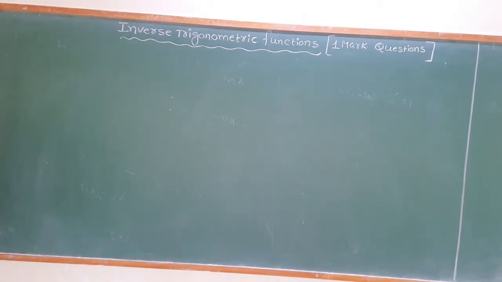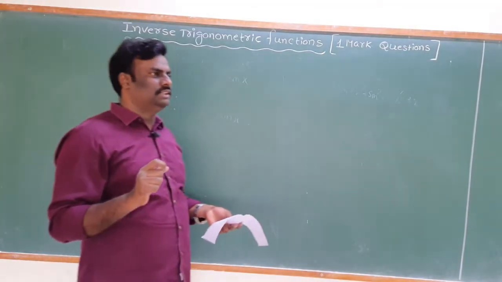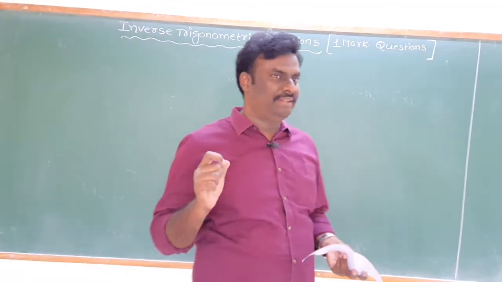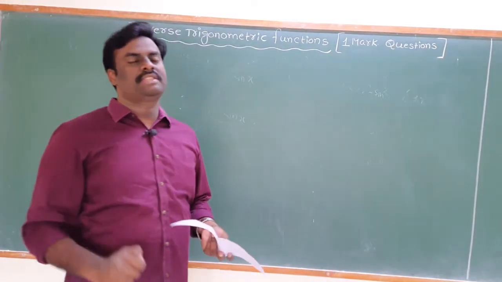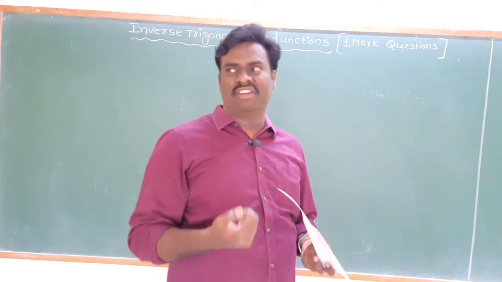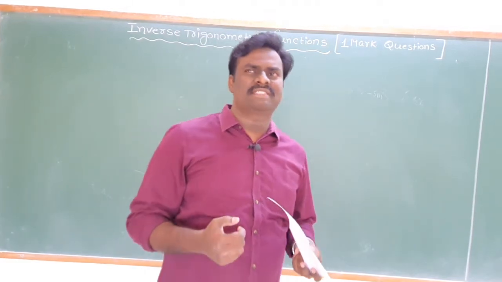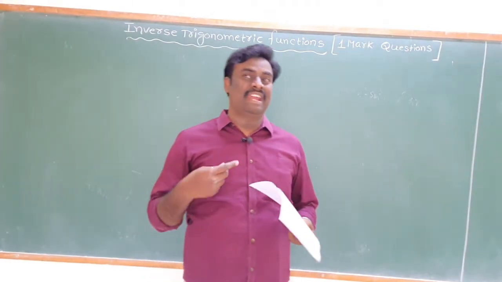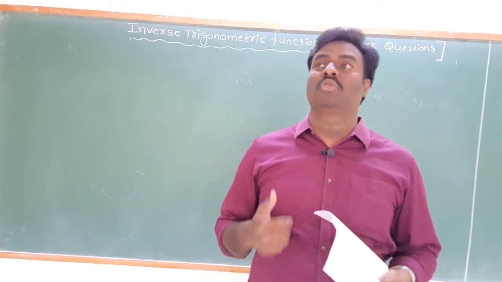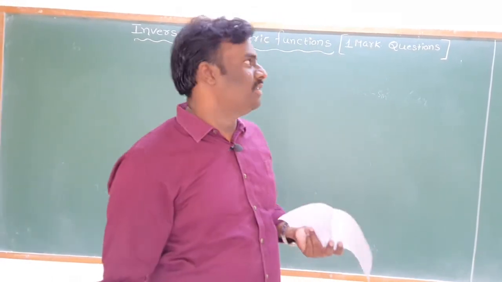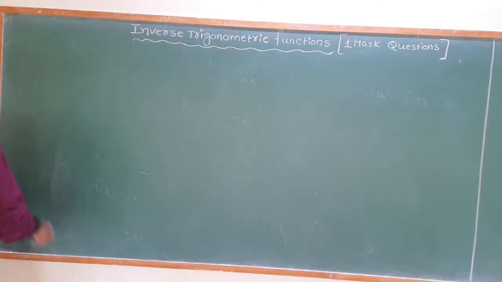So first, in this chapter the main important concept is domain and range. We have 6 inverse trigonometric functions: sin inverse x, cos inverse x, tan inverse x, cot inverse x, secant inverse x, cosecant inverse x. So first I will draw the table.